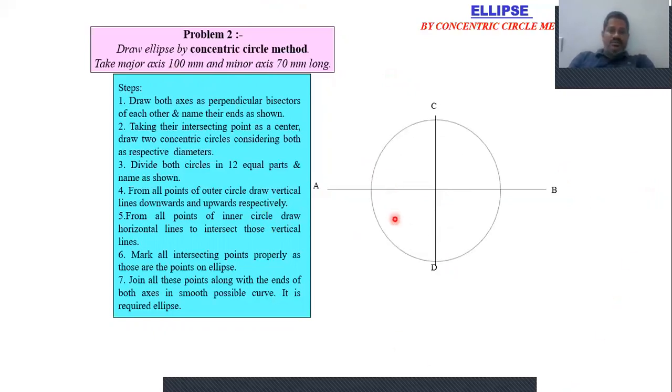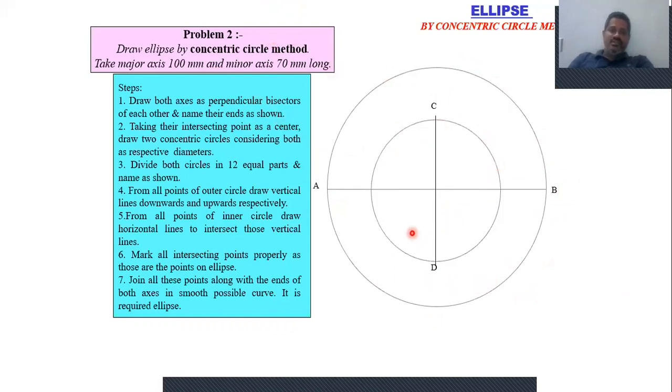Now with the major axis and minor axis as diameters, draw the 2 circles. With the minor axis of 70 mm as diameter, draw a circle which passes through CD. Then draw a circle with the 100 mm major axis as diameter.